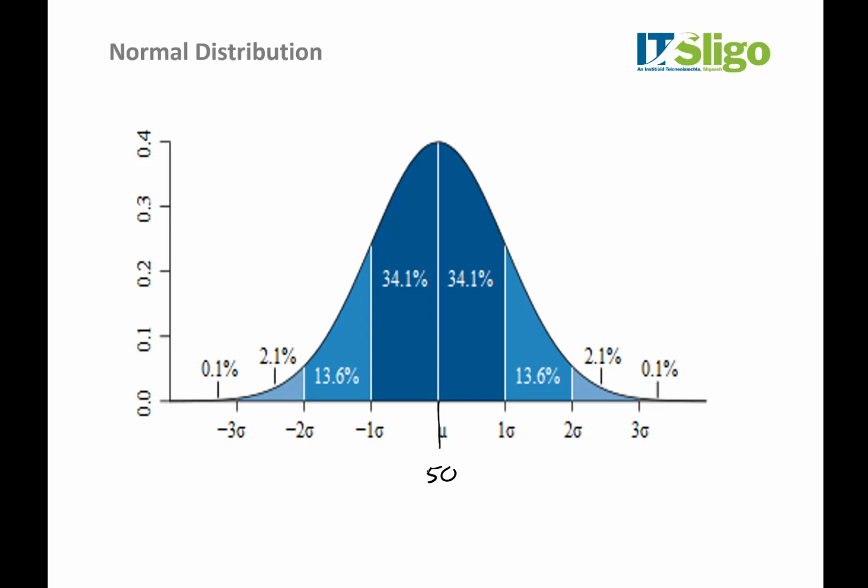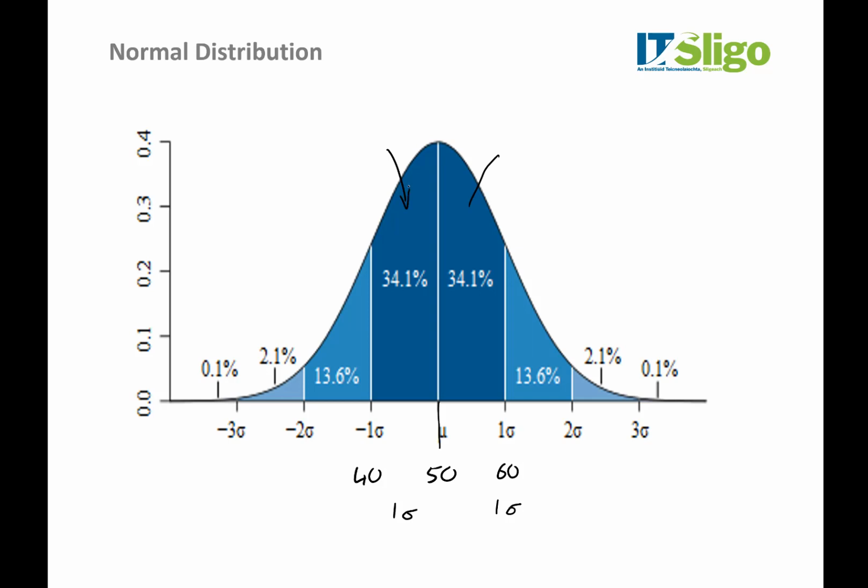Say we were looking at exam results, and we will do this very shortly. One standard deviation would be 40. That's one standard deviation below the mean. And 60 would be one standard deviation above the mean.